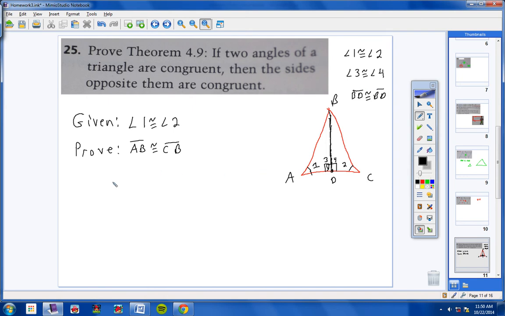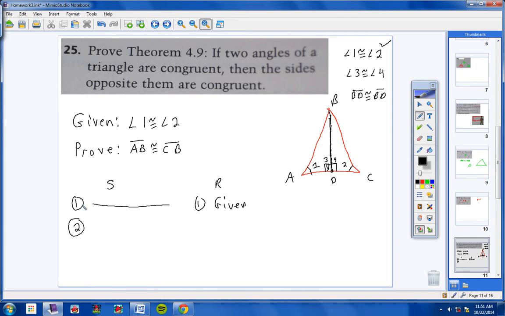So let's see what we have here. Here's my statements. Here's my reasons, okay? Now, number 1, I put my given, okay? There's my given. And so notice right away in my given I've stated this, so I can check that off my list. Check, okay? Now, let's go ahead and do this very quickly and get it over with.